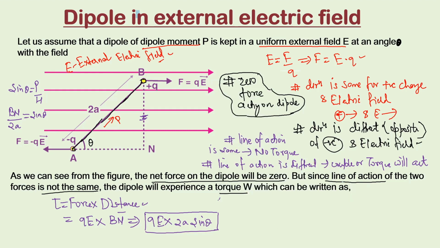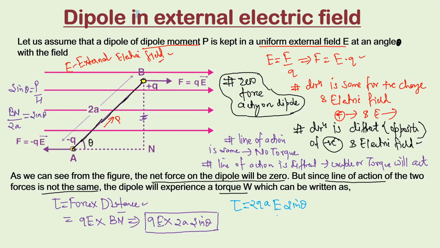So further we can write torque tau is equal to 2qaE sin theta.